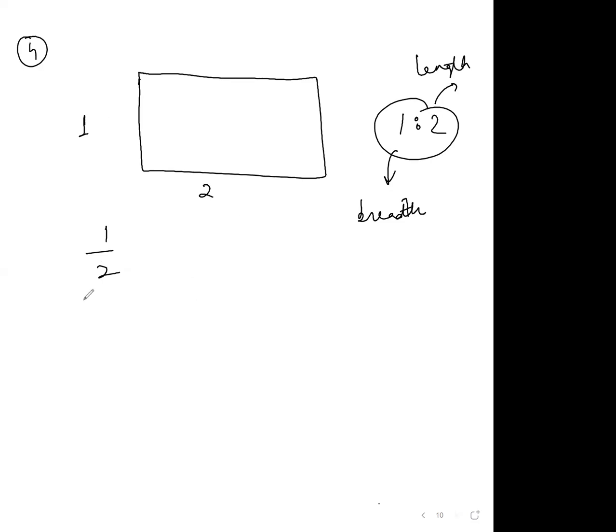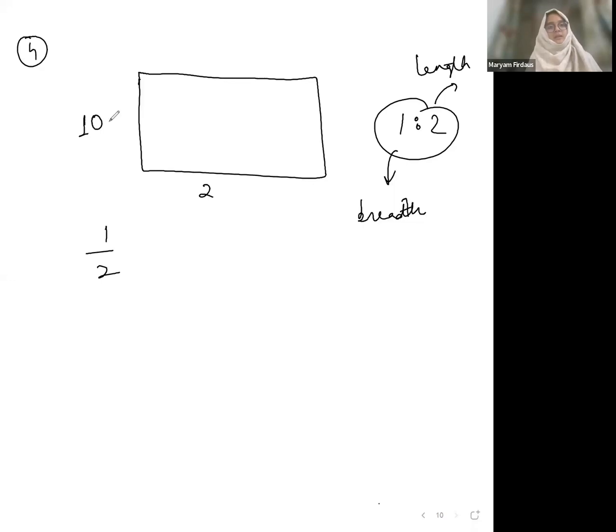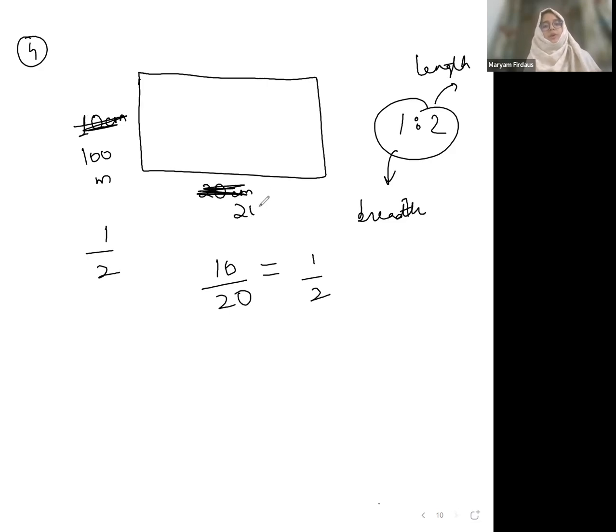If the breadth is 10 centimeters, then the length will be 20 centimeters. Why? Because 10/20 gives you 1/2, an equivalent fraction, right, Hiba? Similarly, if the breadth is 100 meters, then the length of the rectangle should be 200 meters. That is what ratio means.